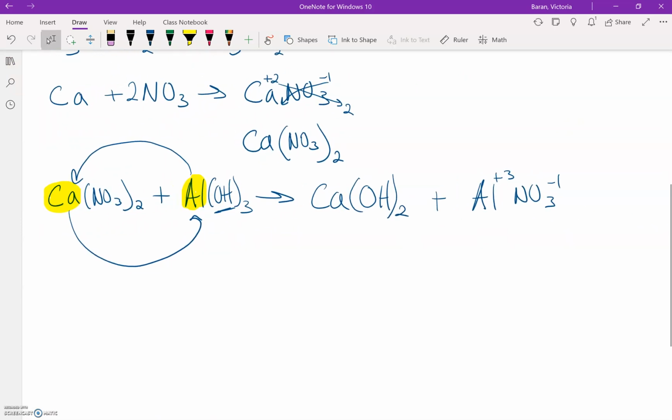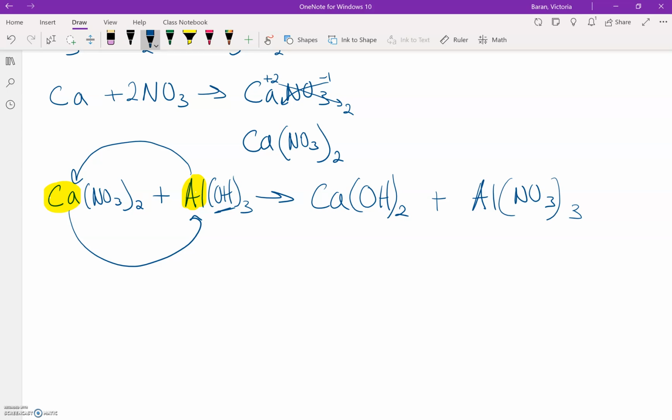So we would do the same thing. We would do our crisscross. So this 1 becomes the subscript for the aluminum, but we don't have to write it. And this 3 becomes the subscript for the NO3. But since the NO3 is a polyatomic ion, we're going to have to put it in parentheses.